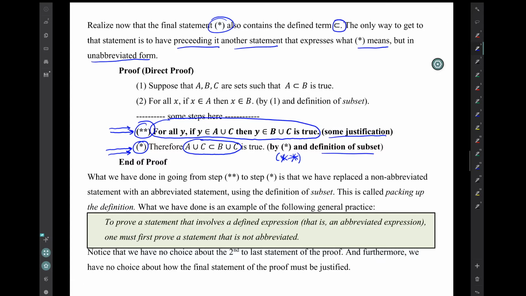So we have gone from an unabbreviated sentence here to an abbreviated sentence using the definition of subset. So in going from the second to the last statement of the proof to the last statement of the proof, we are doing what's called packing up the definition.